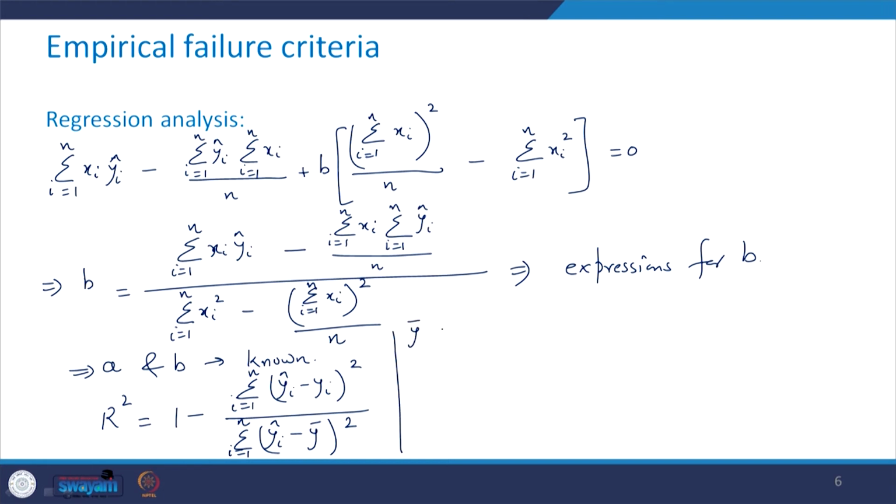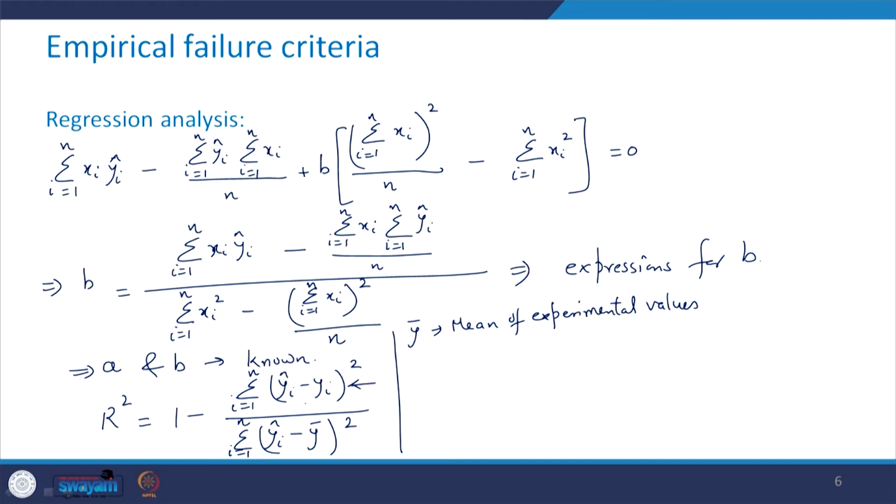This y bar is the mean of the experimental values, which you can just obtain by summing and dividing by the number of data points. Now, what will happen if this quantity is small?